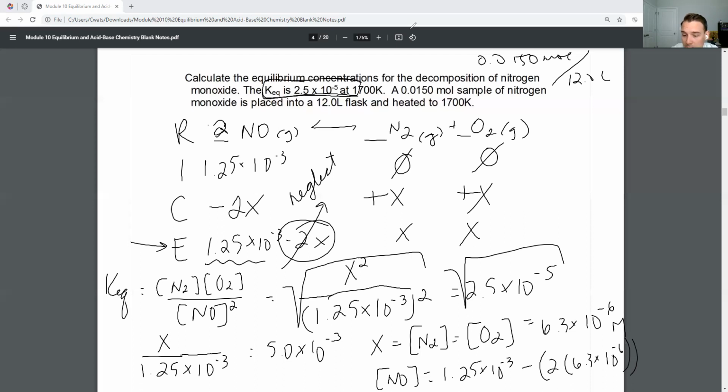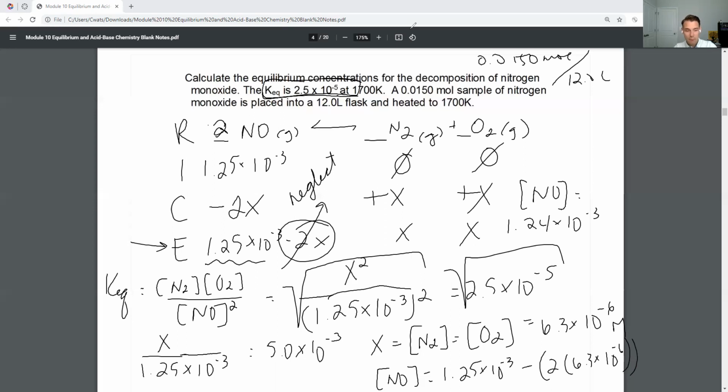What that gives me, I'm going to just write it up here, is 1.24 times 10 to the negative third. So it barely changes anything. That's why we're able to neglect it when we do our calculation, though we do have to go back and put it in to get our final equilibrium concentration of the nitrogen monoxide.